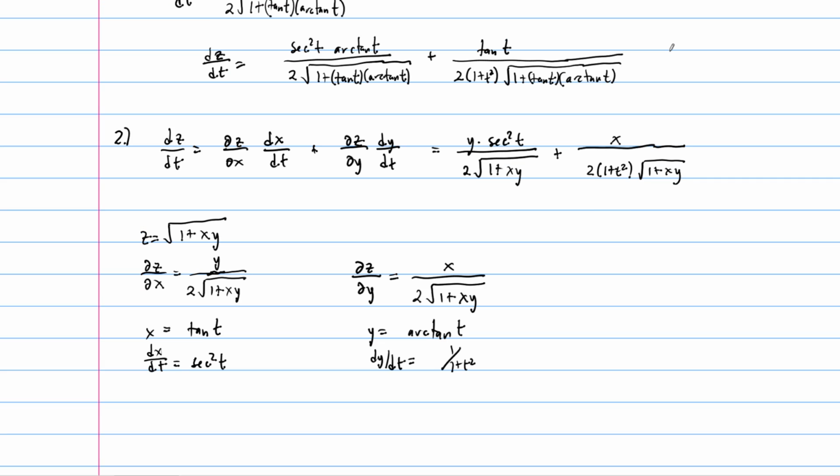All right, and then we compare our two answers, remembering what x and y are. Let me color code this a little bit better. Then we can match this up, right? So wherever we see a y, here's a y, here's a y, here's a y, those should correspond to arctangent of t, right?